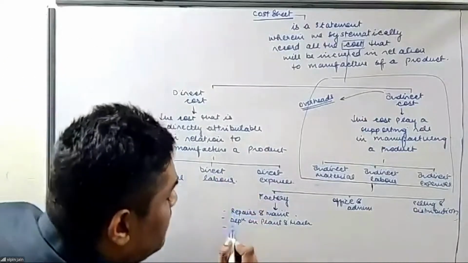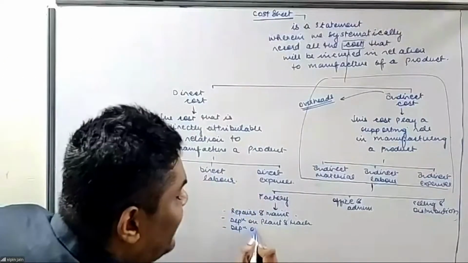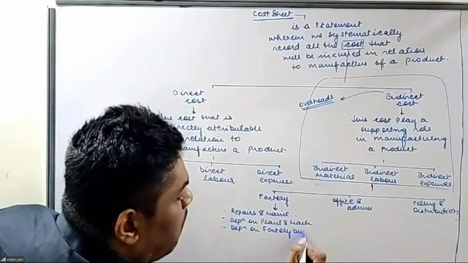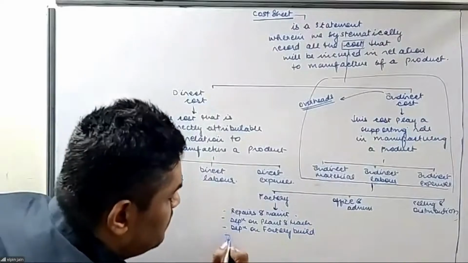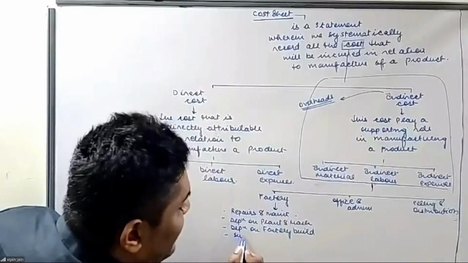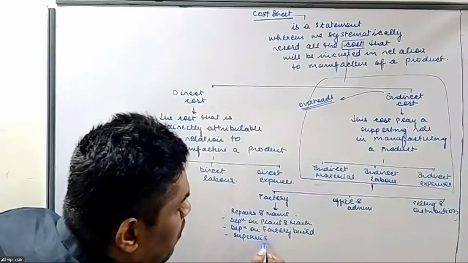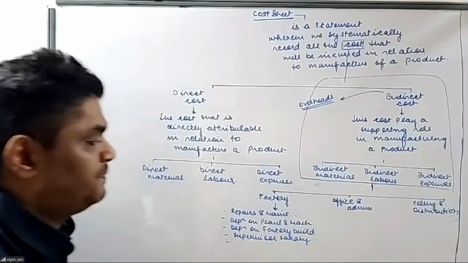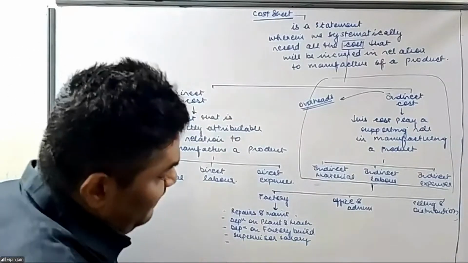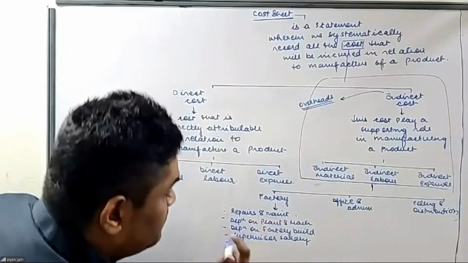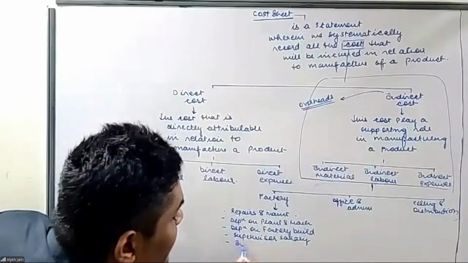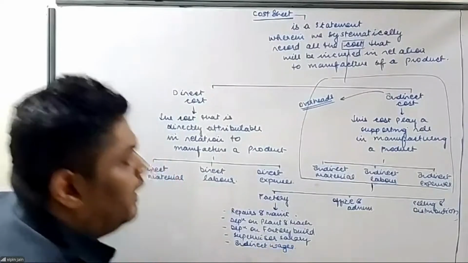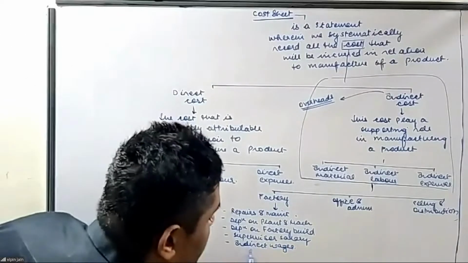We can say depreciation on factory building, supervisor salary. Another example can be indirect wages. If it is given straight away, it will go in factory, etc.